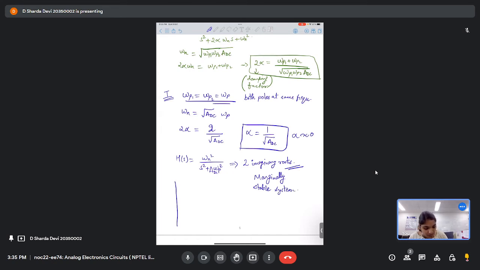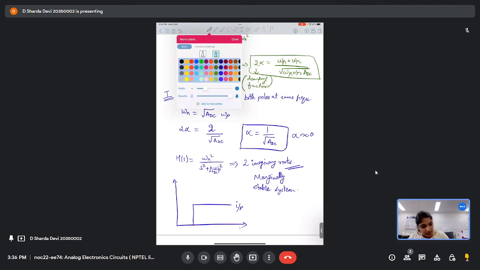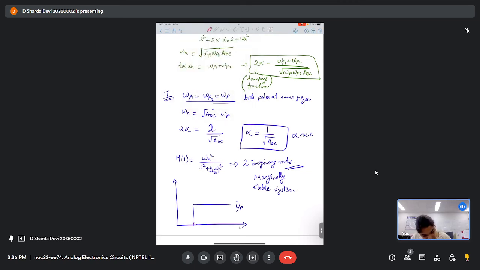So for an input of a step function, we'll have an oscillating output, and the system will be a marginally stable system. This is case 1.